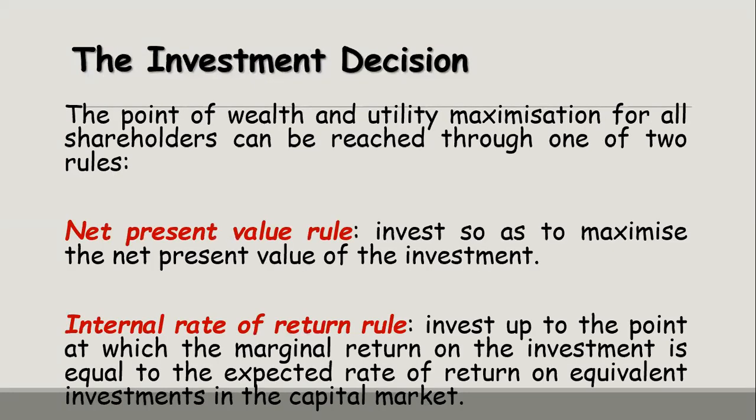Investment decision: the goal of wealth maximization for all shareholders can be reached through one of two rules. The first is the net present value rule: invest so as to maximize the net present value of the investment.